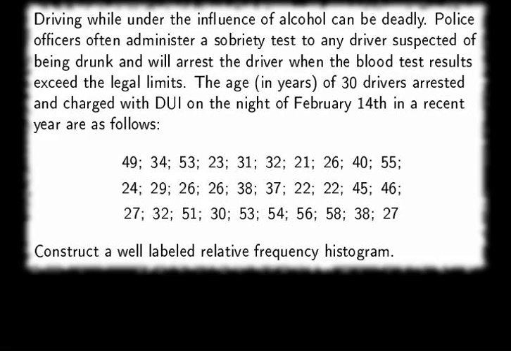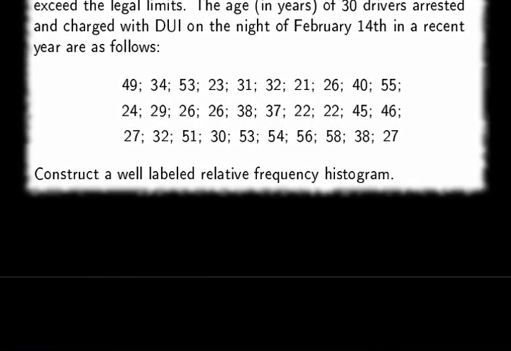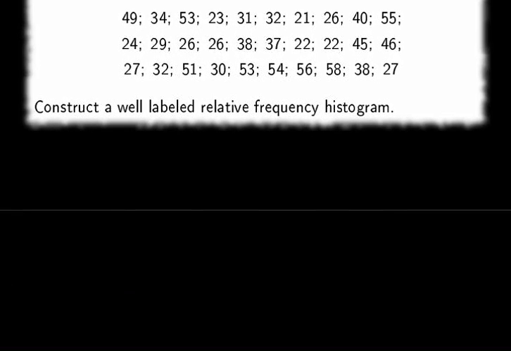Okay, so we're going to create a histogram. That means we should first decide on the bins. We need a bin size, and we need a minimum and a maximum for our bins. So first things first, we'll look at the data and find the maximum and the minimum values.